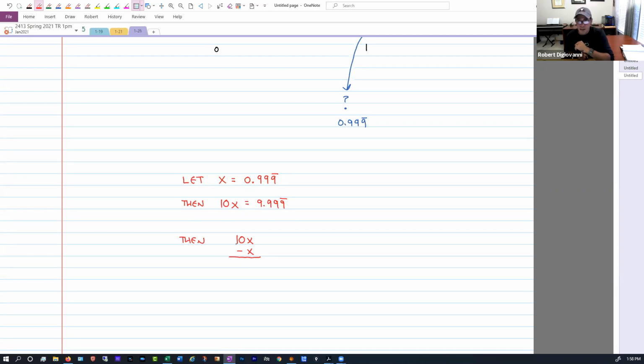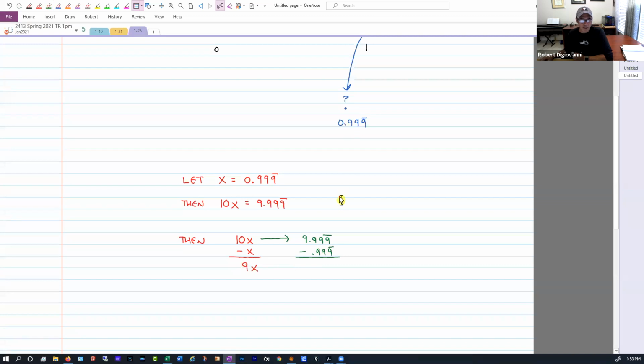So does everyone agree that 10x take away an x should give you 9x? But take a look at this. Going back up to what I defined x to be, 10 times x would be 9.999 forever. And if I subtract from that x, which is 0.999 forever, what would that equal? Think about what would happen if you took 9.99999 forever and subtracted 0.999 forever.